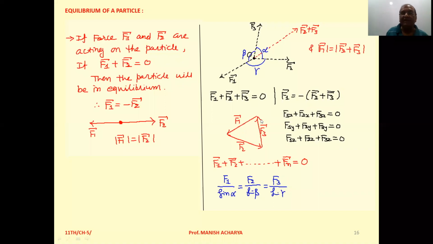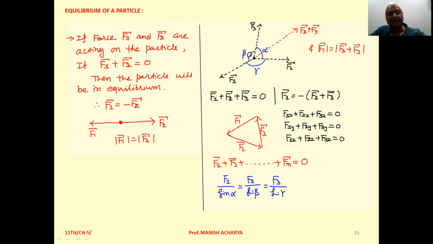Means the graphical presentation head to tail, head to tail, head to tail will form a closed loop. Then also we can say the vector summation is 0.